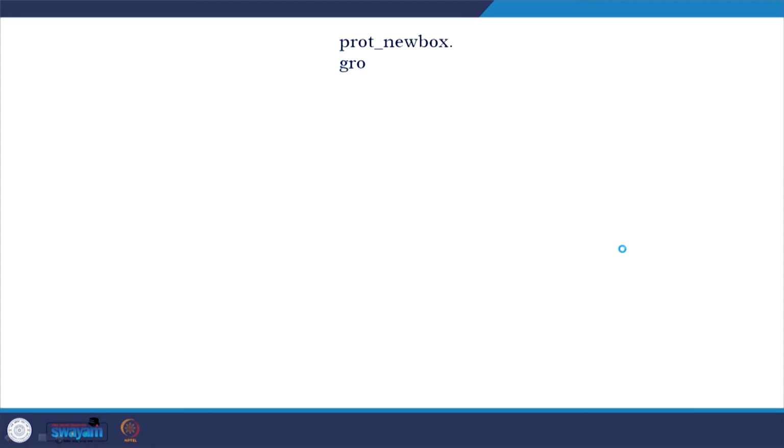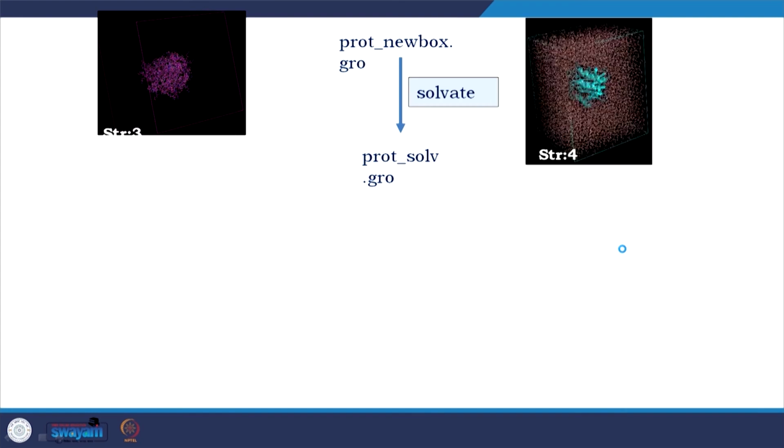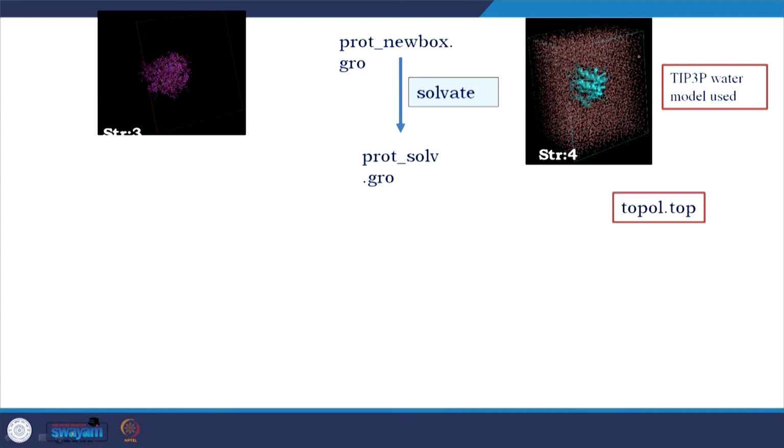In the next step, prot_newbox.gro is transferred to prot_solv.gro by solvating it. We have already selected the solvent. Now, you see from structure 3 to structure 4, your protein is solvated with water molecules. In this case we have selected the TIP3P water model. Topol.top would be an associated file.